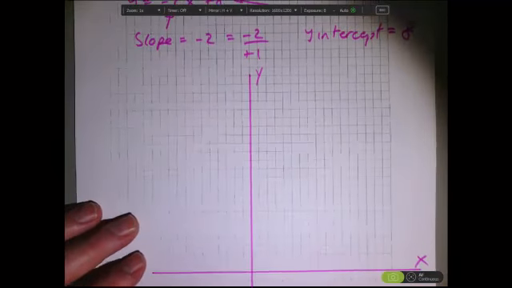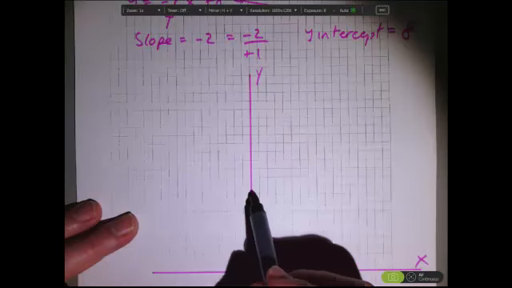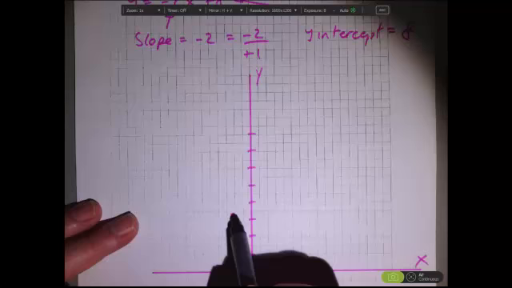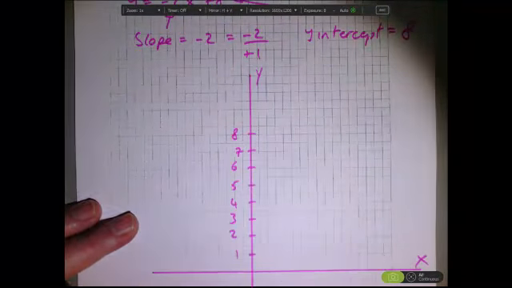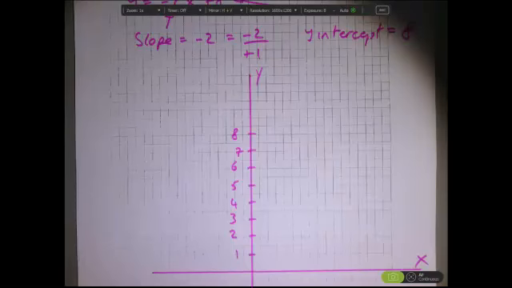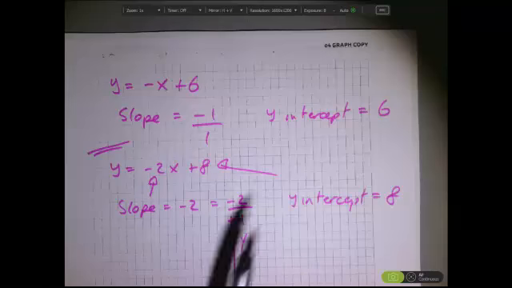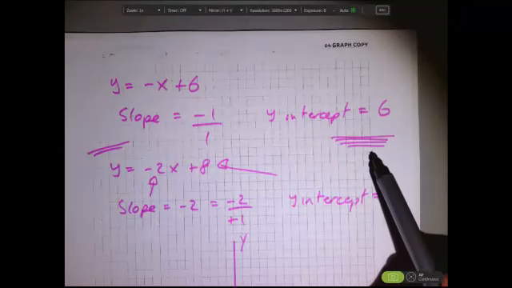I can start to mark these out. So I'll say 1, 2, 3, 4, 5, 6, 7, 8. Taking the first equation, just to remind you, it's up there at the top, the two pieces of information. This is the first one that I'm going to use. So its y-intercept is 6.